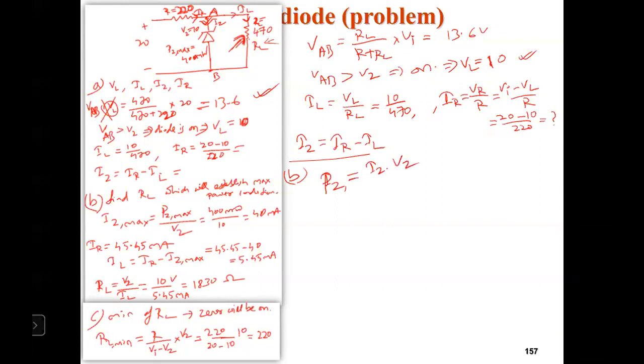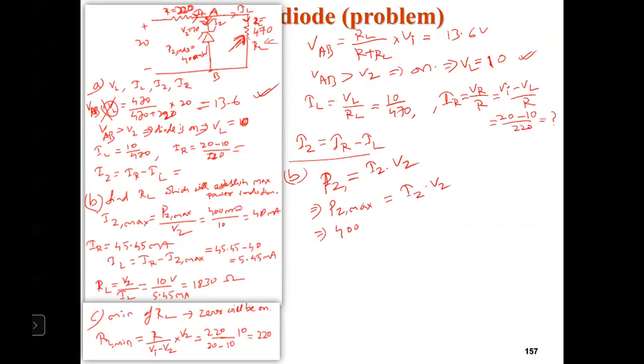Now, it is saying that the power across the diode will be maximum. That means this power has to be maximum. PZ max is equal to IZ into VZ, and this PZ max value is given as 400 milliwatt.